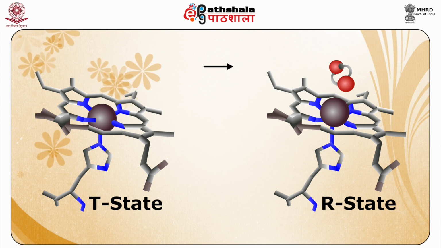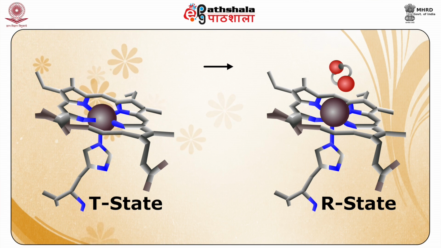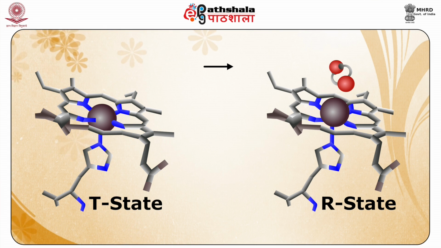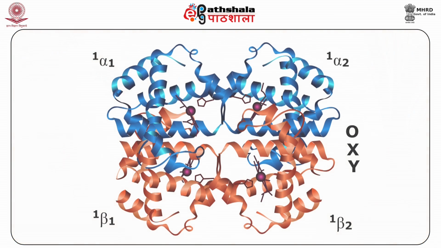The conformations of the individual polypeptide chains and their relative orientations are different in the T and the R states. Oxygenation rotates the alpha-1 beta-1 dimer in relation to the alpha-2 beta-2 dimer about 15 degrees. When hemoglobin switches from the T state to the R state, alpha-1 and alpha-2 globins move closer to each other. Similarly, beta-1 and beta-2 globins move closer in the R state.